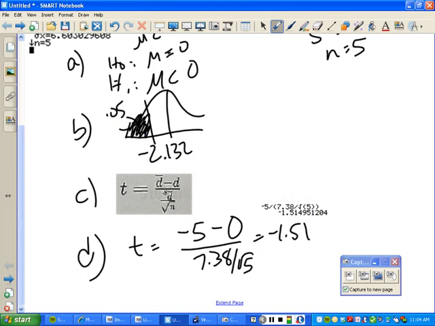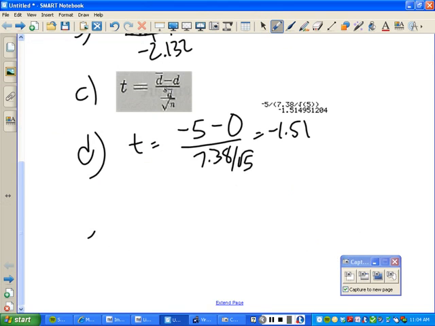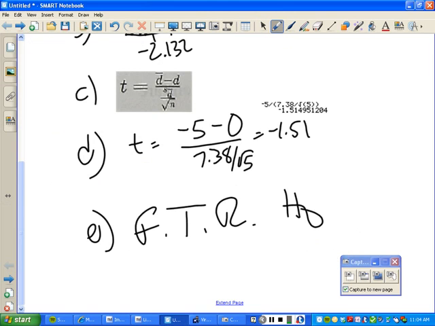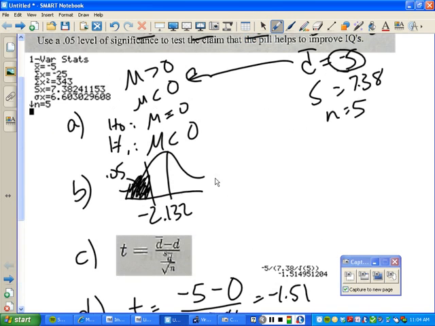Do you reject or fail to reject H0? Fail to reject H0. Do you support or not support the claim? Which one's the claim? Is it H0 or H1? It's H1, right? And if you fail to reject H0, you're saying that H0 is true and H1 is false.